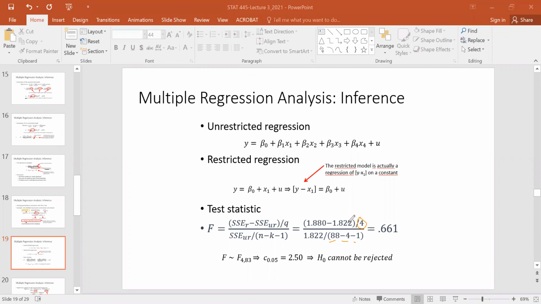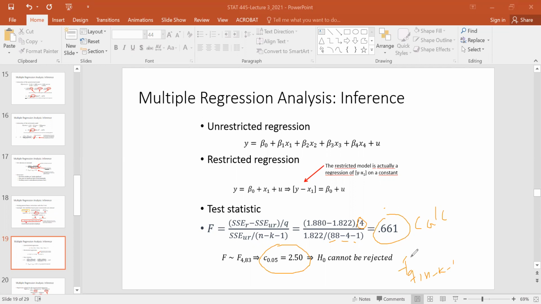I don't provide some. But for the F calculator, you don't need to know what is inside; the input is what matters, the conclusion. We got this F calculated, and this is F critical from the table, which is F with Q and N minus K minus 1 degrees of freedom.